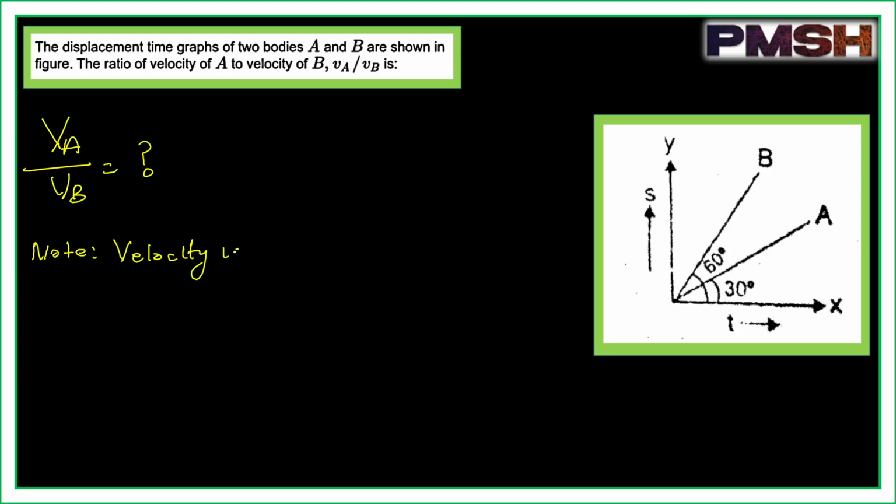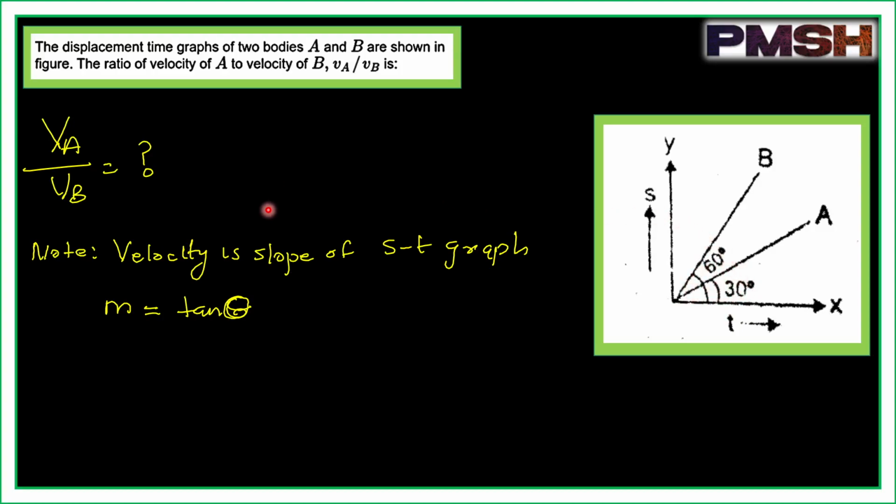Velocity is slope of ST graph, that is displacement time graph. So you want to find the slope of given displacement time graph. The equation for slope is tan theta, and the angle theta is given in the figure.